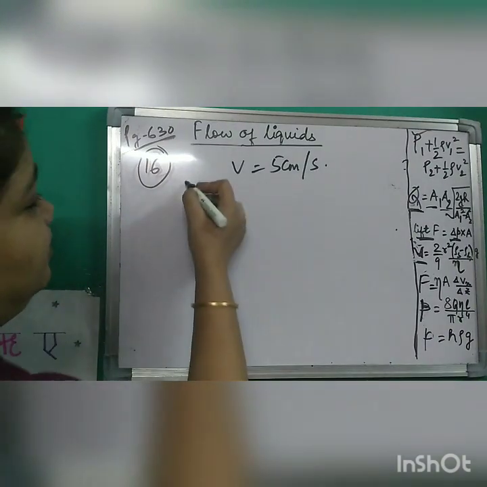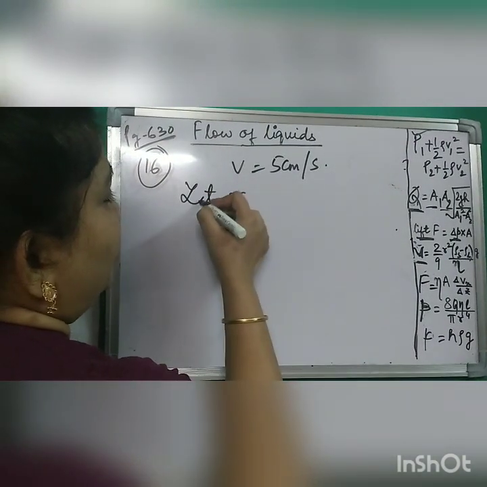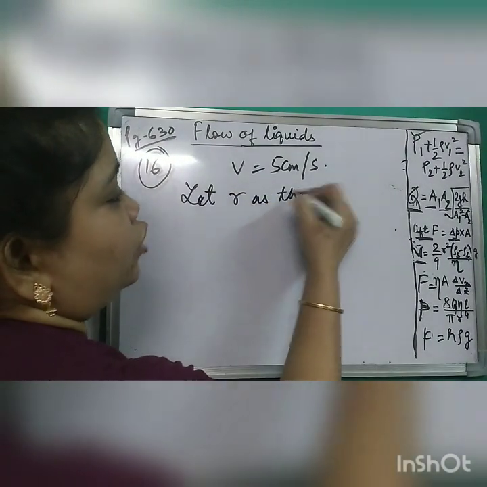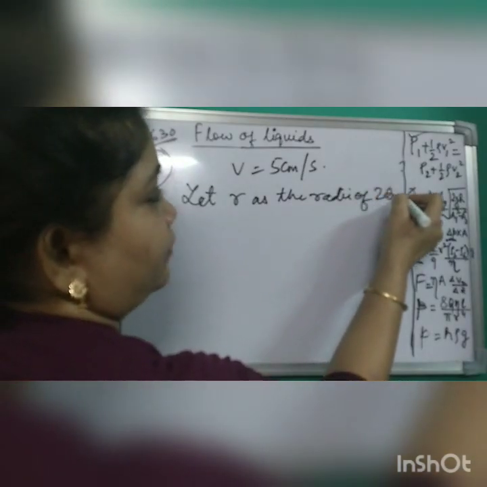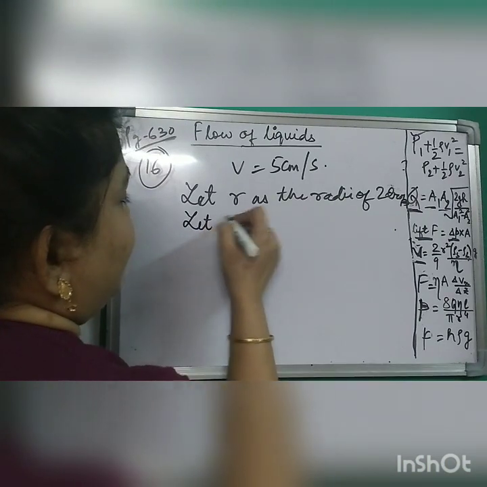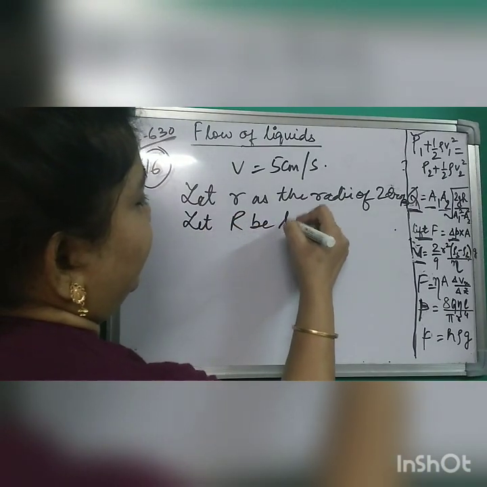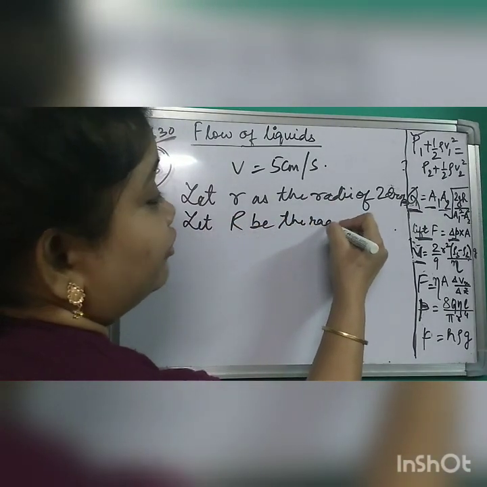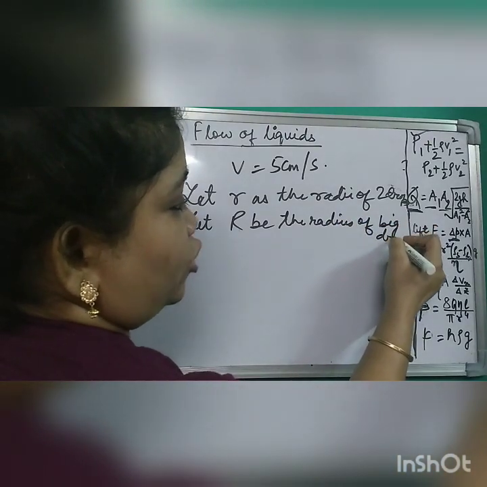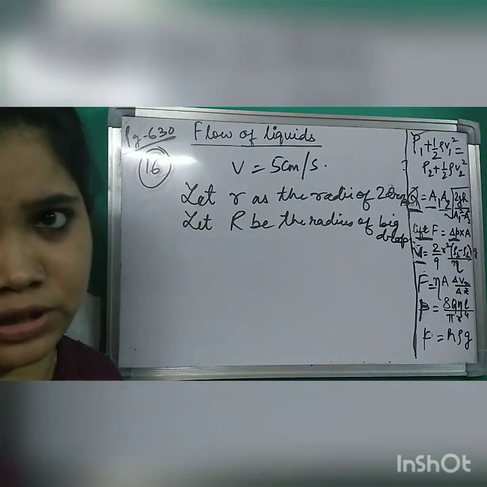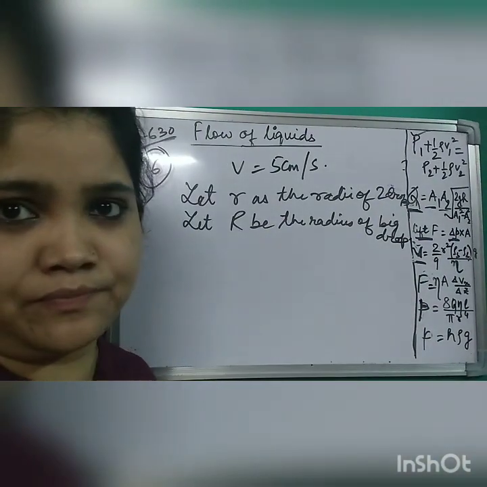Let me take small r as the radius of the 2 drops, and let capital R be the radius of the big drop, the drop formed by joining of the 2 drops.